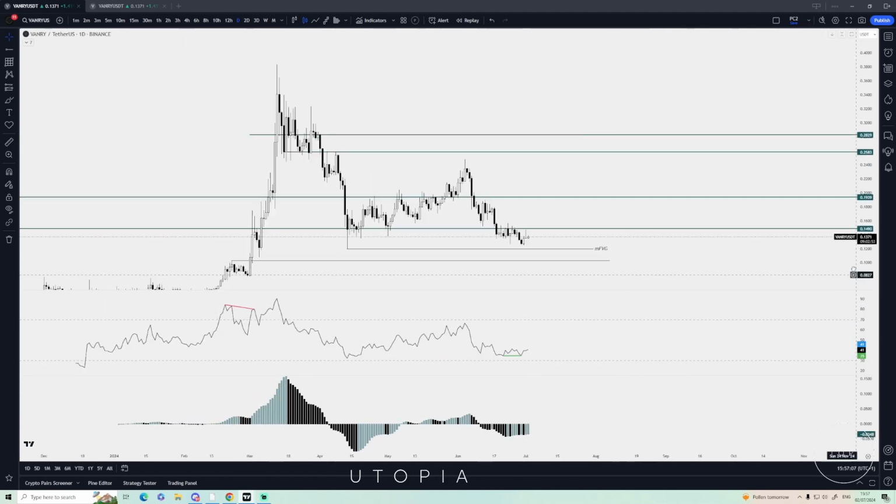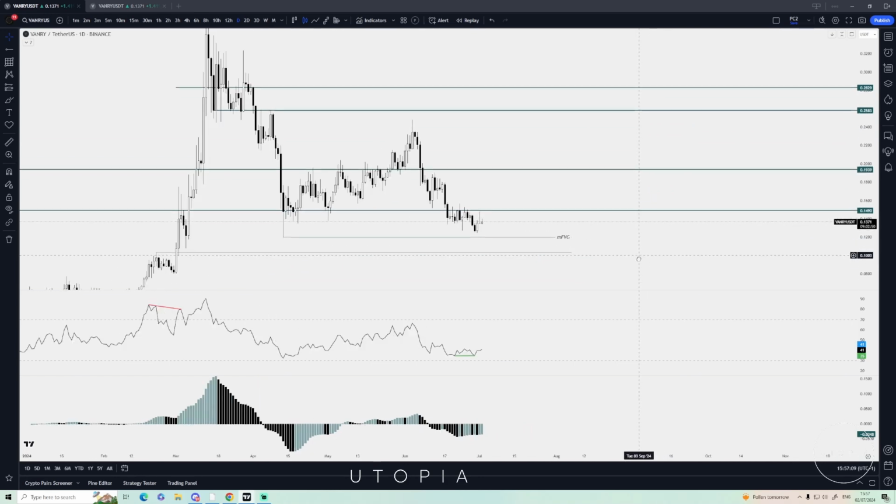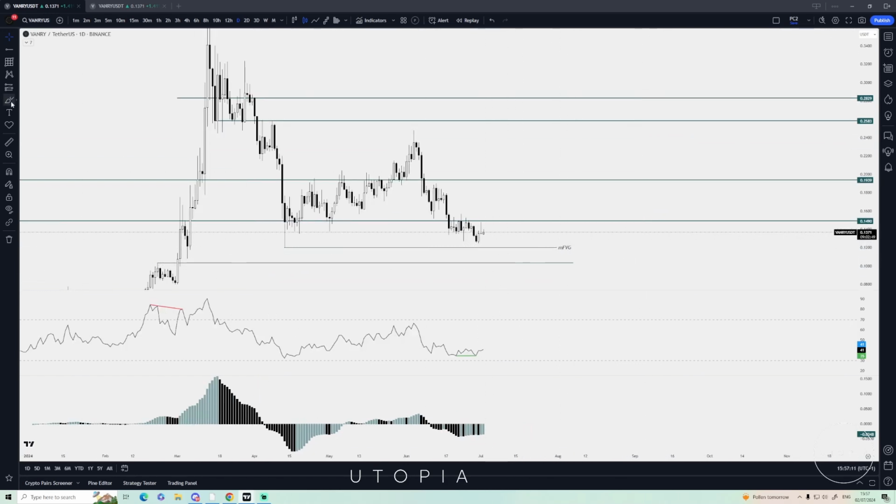If I was going to look at the lower time frame here, there's some nice momentum forming for VANRY, but with this imbalance below, it definitely puts price in a tricky position for an entry. I would struggle to take an entry with this higher time frame imbalance below that could get filled.